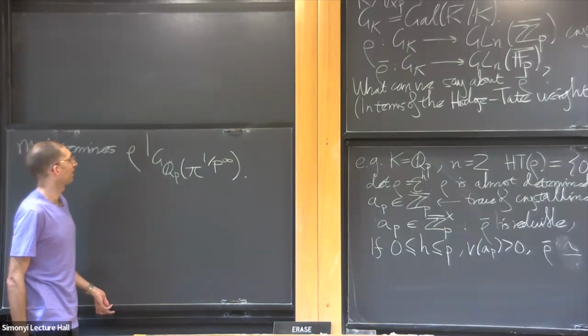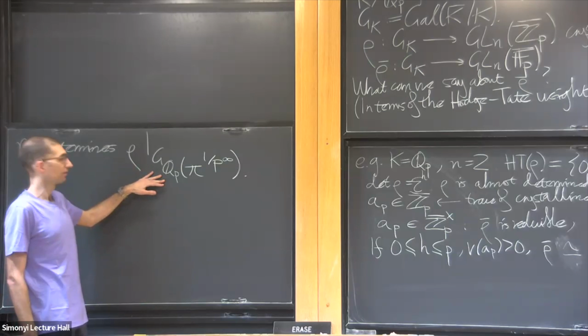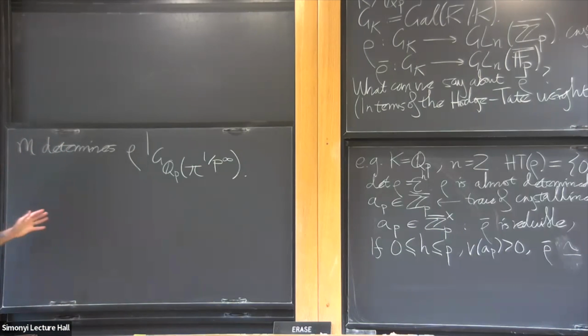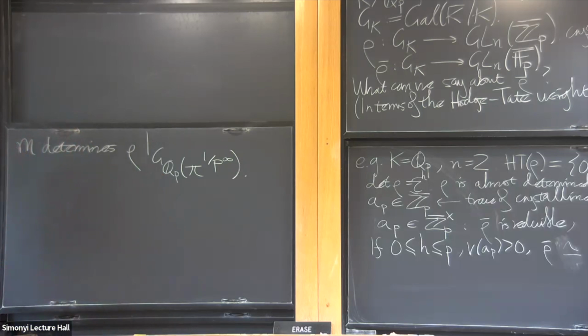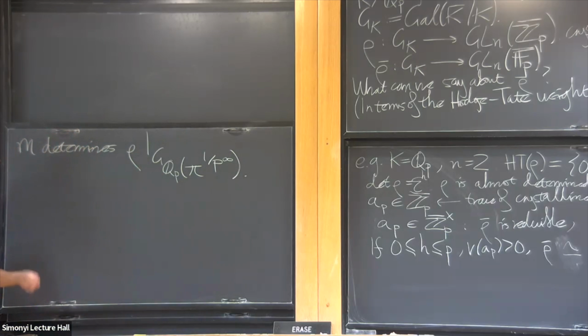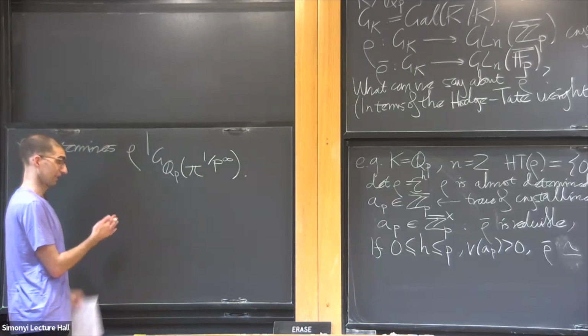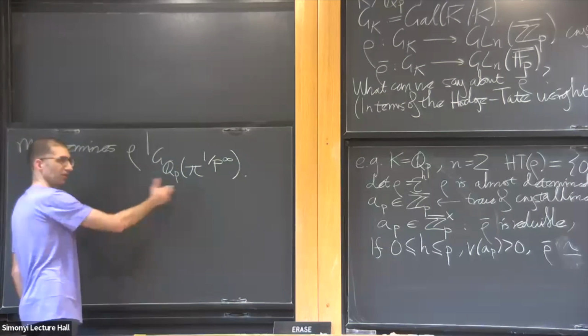If you've never thought about it before, it's not so clear how much data I might be losing here. In fact, none at all in some sense. Restriction of a crystalline representation to this extension is fully faithful. But more concretely, if you think about what happens mod p, if you look at semi-simple representations, these are tame, and this is a wild extension, so you actually lose no information.